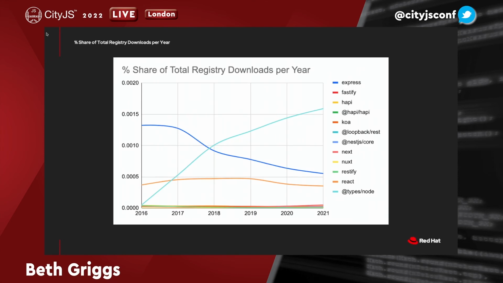Another way to look at the same download data was by share of registry downloads per year. So what this is saying is, for all of the downloads that go to the registry, what percentage of them are from Express or asking for Express? And the interesting thing here is we can see it tailing off, and similar with React. And because of the data in this graph, the tail off isn't indicating a reduction in usage.